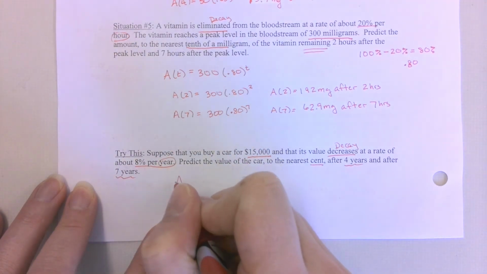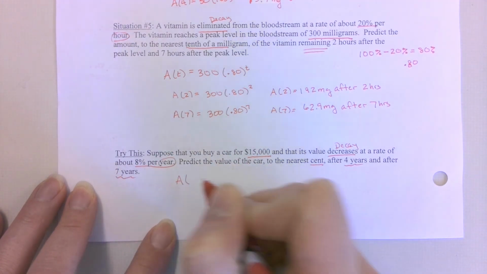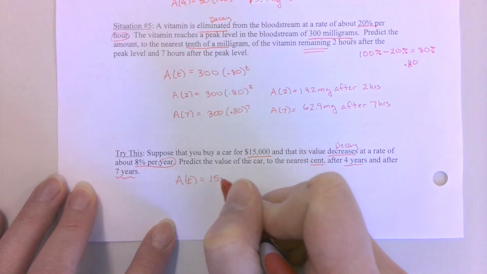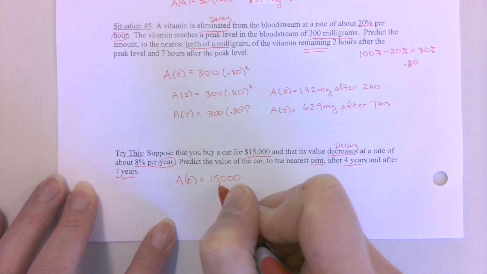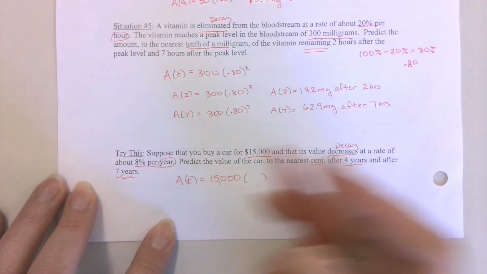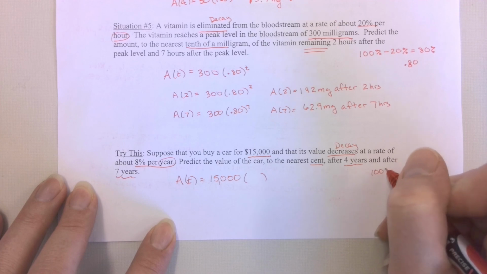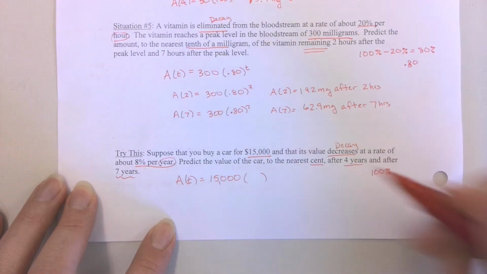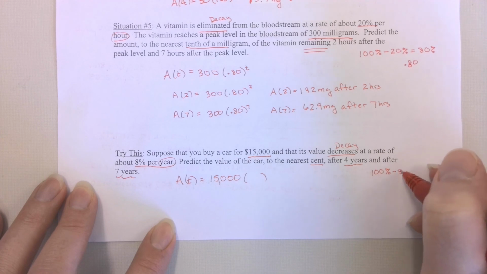So the value of the car over time is going to be an initial amount of $15,000, and it's decreasing at 8% per year. So I'm going to take that 100%, the initial car value, and we're going to take away 8%.